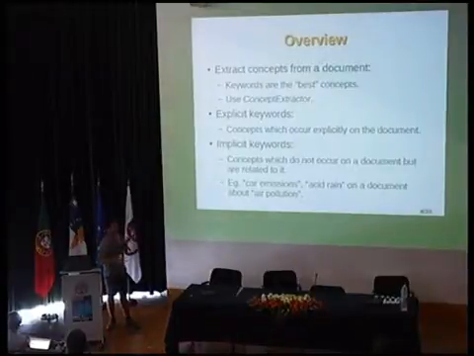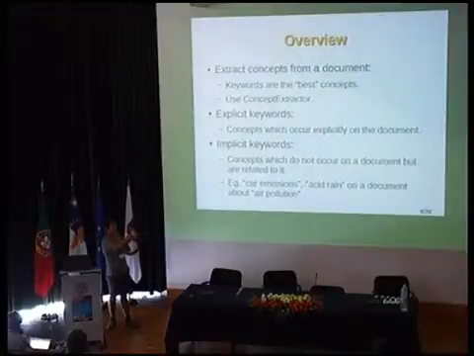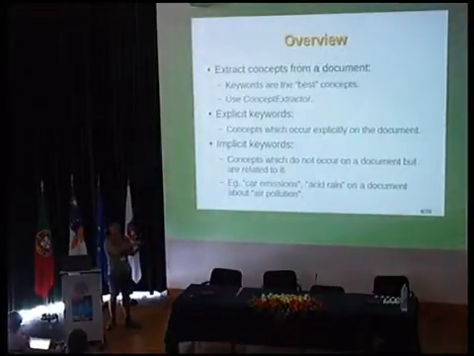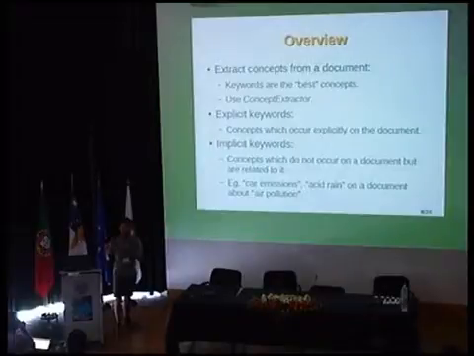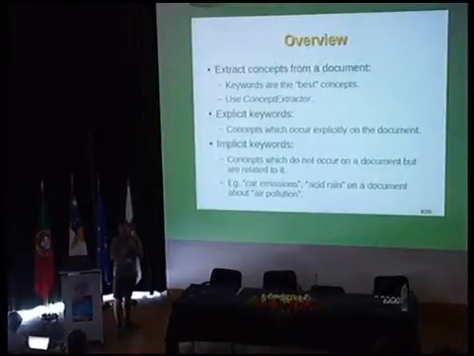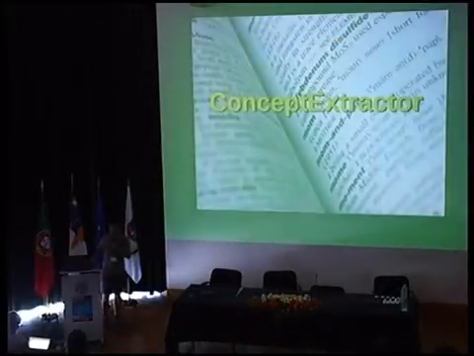So, for instance, imagine a document about air pollution. Car emissions and acid rain can be related to a document talking about air pollution, although car emissions and acid rain may not occur explicitly in that document. Explicitly means that it does occur in the document.